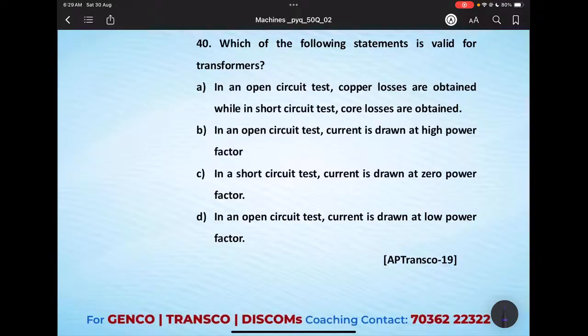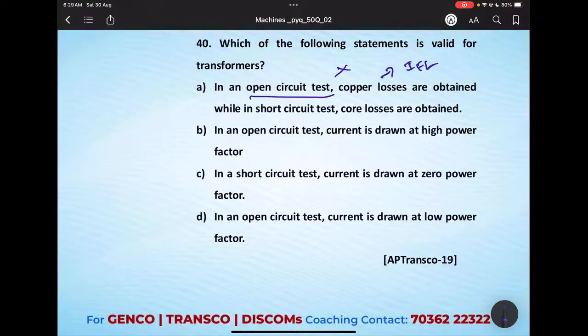To calculate copper loss, the current flow needs to be the full load or rated current. In the open circuit test, the current drawn is very small, just to meet the magnetization and the iron losses. So this statement is wrong.